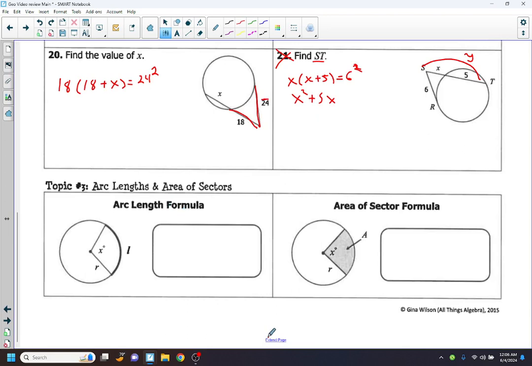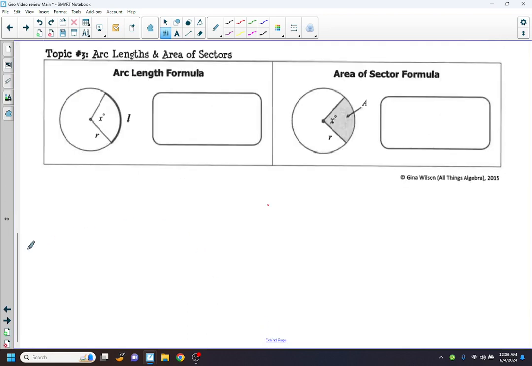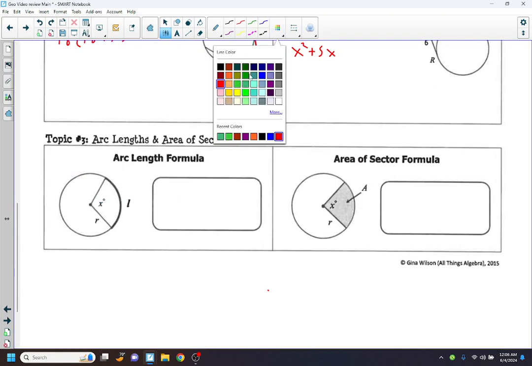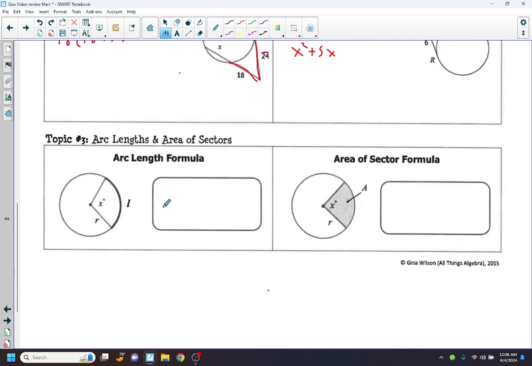All right, arc length formula. The best way to describe it: if I want the length of just this piece, this is just the edge. If it was a fence, this is just the fence of the field. If this is the fence here, I want the circumference times how much my angle is.